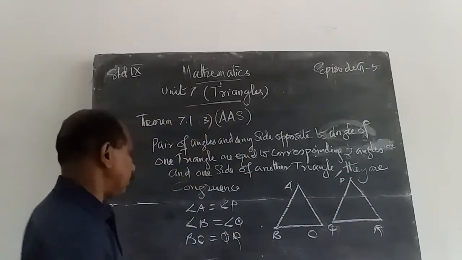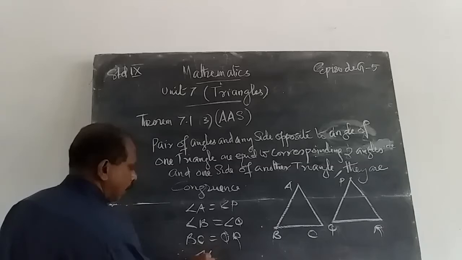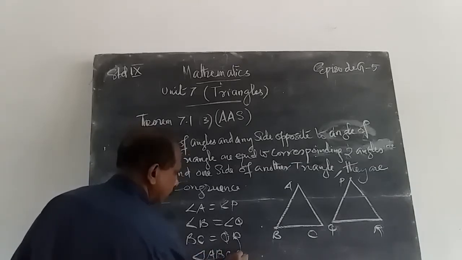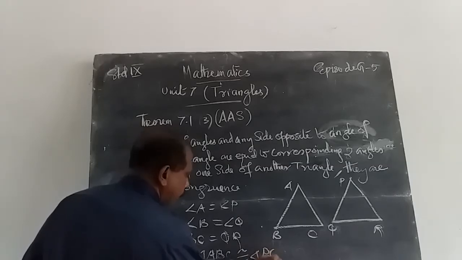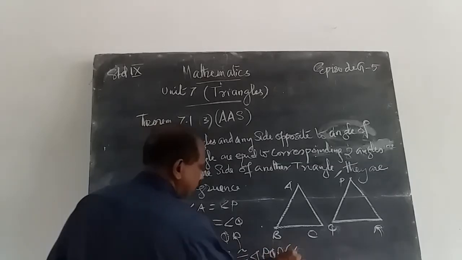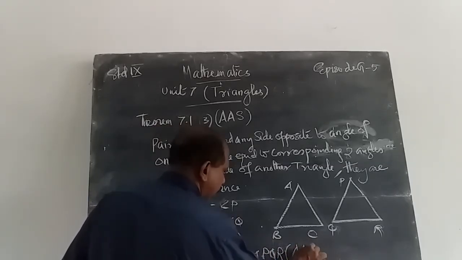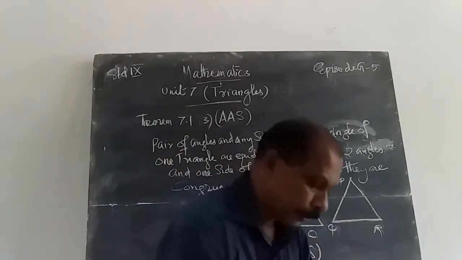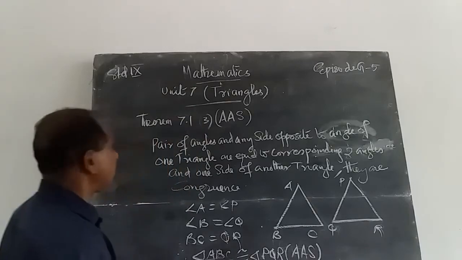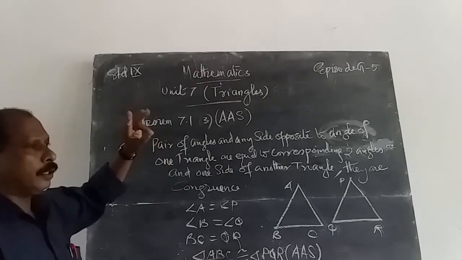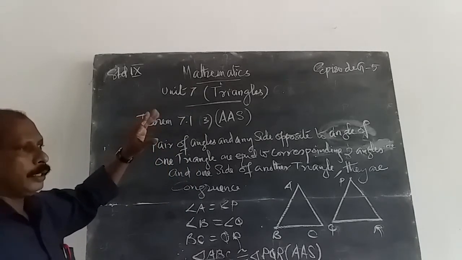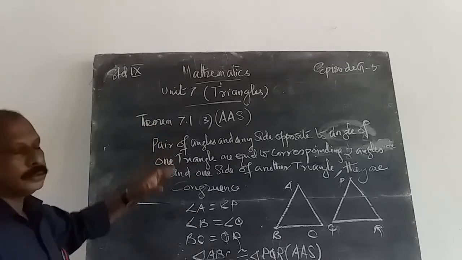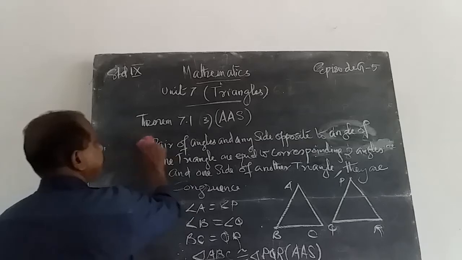That means any one side. Therefore, triangle ABC is congruent to triangle PQR. That is the AAS criteria of congruency of two triangles. Clear? Therefore, for this point one there are three theorems. One is SAS, second is ASA, third is AAS.